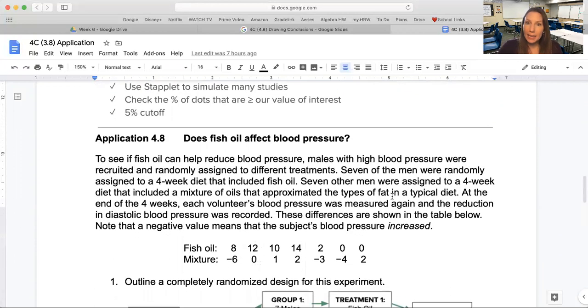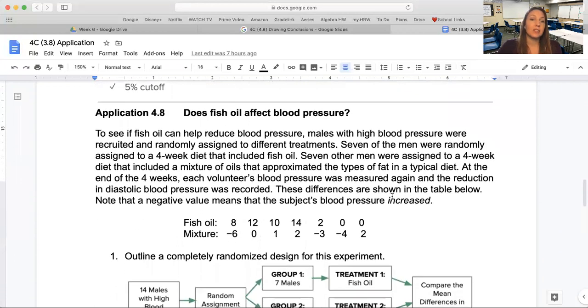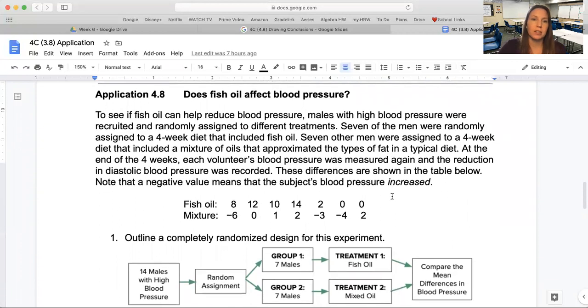All right, so our application for this lesson says, does fish oil affect blood pressure? To see if fish oil can help reduce blood pressure, males with high blood pressure were recruited and randomly assigned to different treatments. 7 of the men were randomly assigned to a 4-week diet that included fish oil. 7 other men were assigned to a 4-week diet that included a mixture of oils that approximated the types of fat in a typical diet.